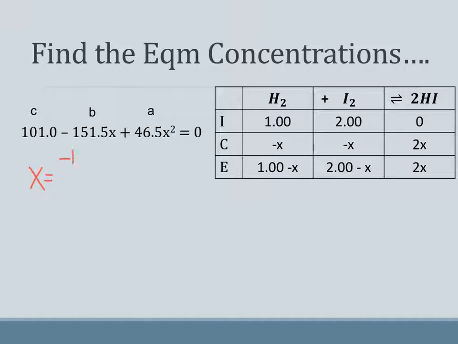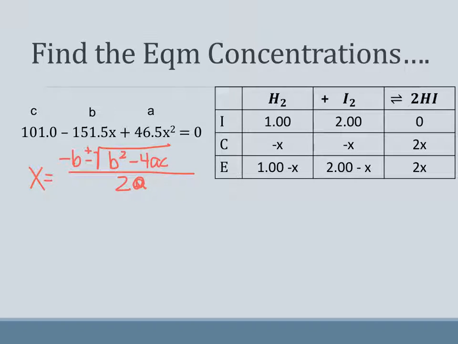So if you're still following along, you have a quadratic equation, which you guys remember from math, is negative b plus or minus the square root of b squared minus 4ac, the whole thing over 2a.